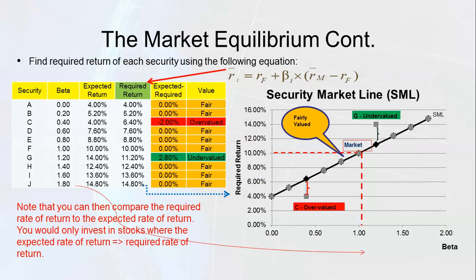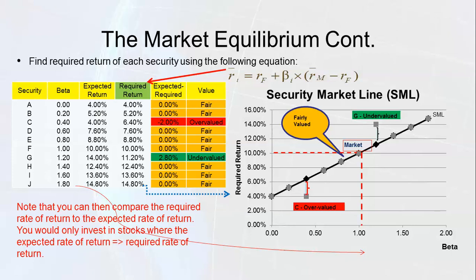So with this short video clip, it's a very good overview of CAPM. CAPM basically tells us that the required rate of return on a security is a function of beta. Beta measures market risk.